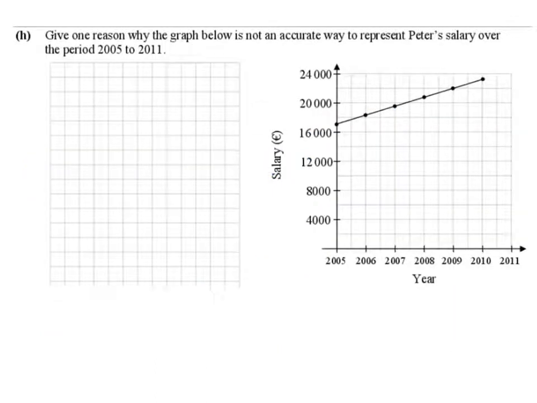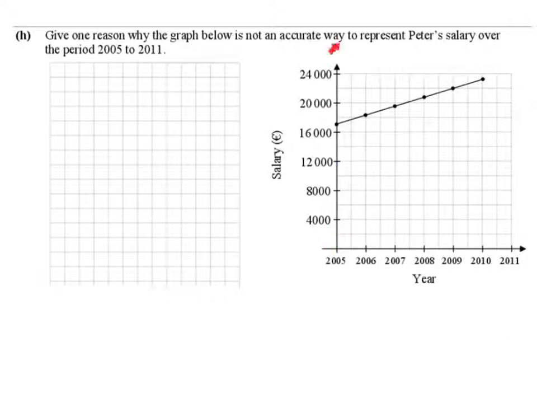Part H. Give one reason why the graph below is not an accurate way to represent Peter's salary over the period 2005 to 2011. So here we have an XY axis. The x-axis shows the years from 2005 to 2011. So 05, 06, 07, 08, 09, 2010, 2011.